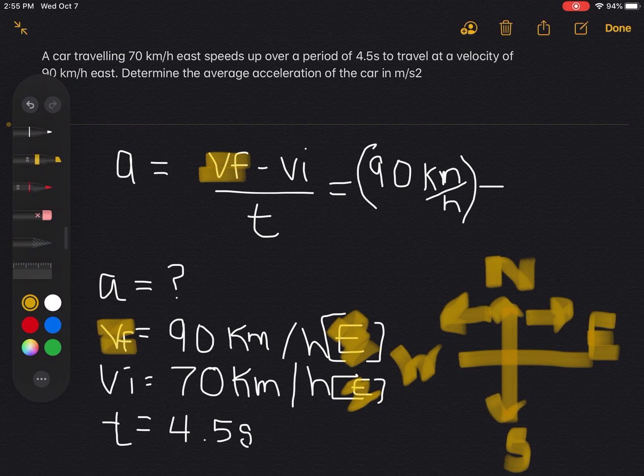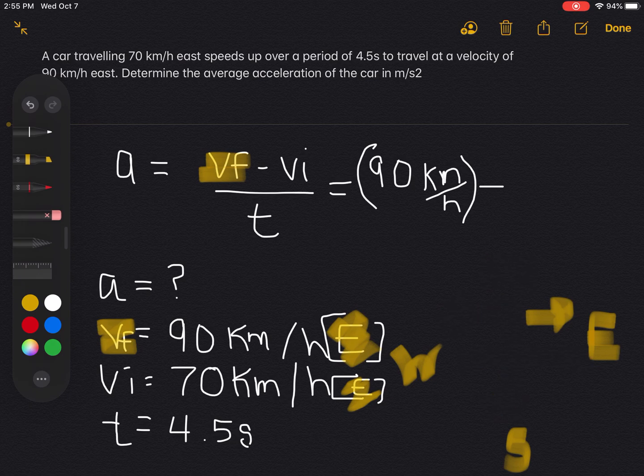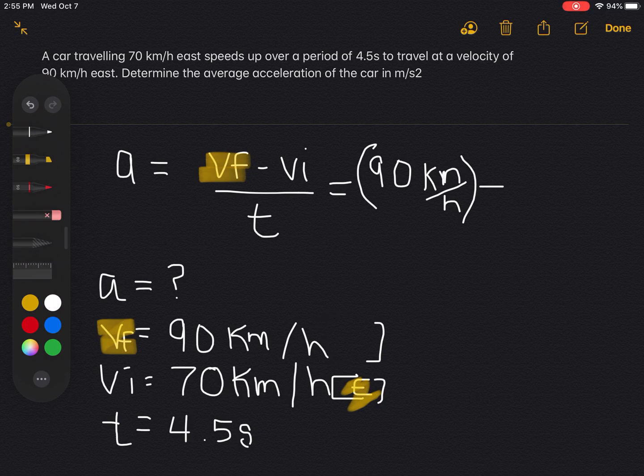So if we're talking about east, to go east would mean that we're in a positive direction. So I'm actually going to get rid of the east part, and I'm going to put positives here. So in my question, I'm also going to keep that positive.